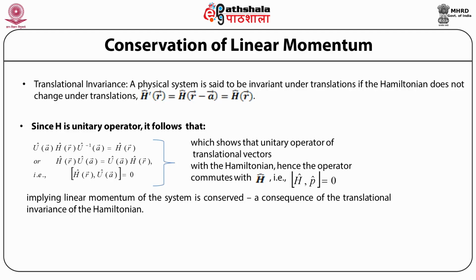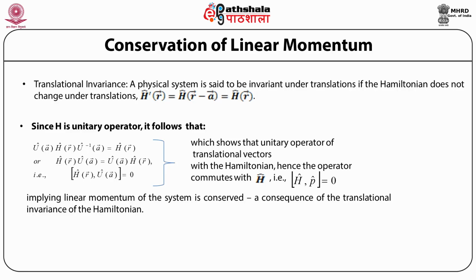In other words, what this means is that the commutator of the Hamiltonian operator H as a function of position vector r and the translation operator U as a function of position vector a is equal to 0, or they both commute, which shows that the unitary operator of translational vectors commutes with the Hamiltonian.